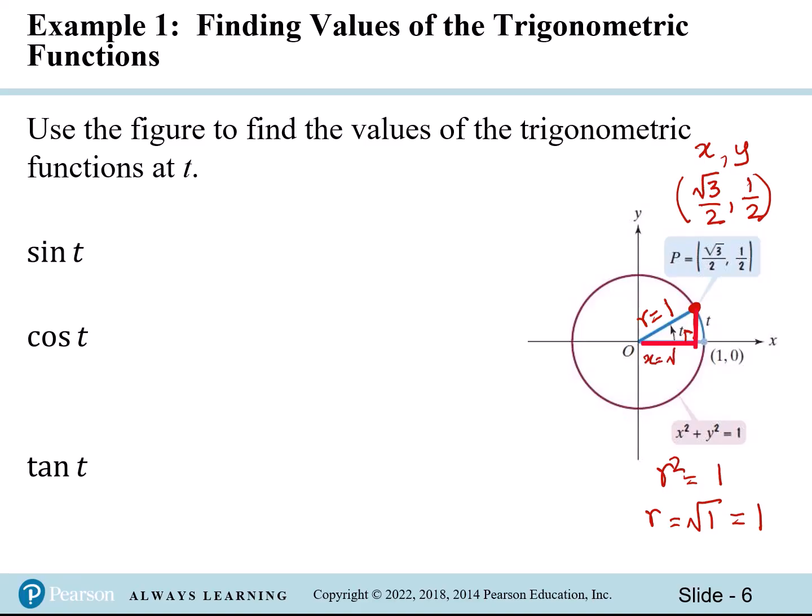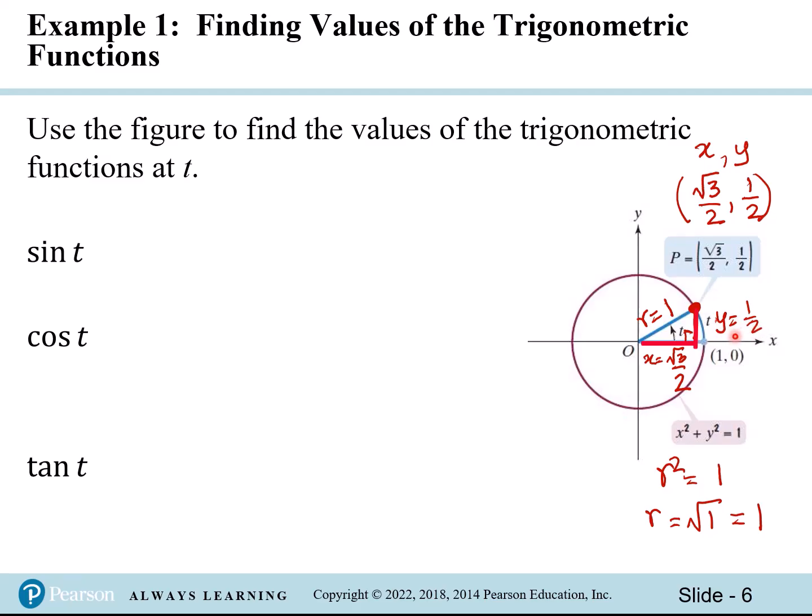And this line here, the vertical distance from the x-axis up to the point, is what y is. Y equals 1/2. This distance from the point to the x-axis is 1/2, and that's what the y coordinate is equal to, correct?